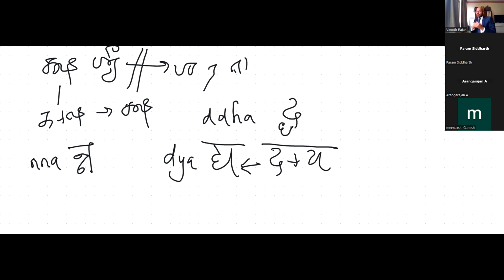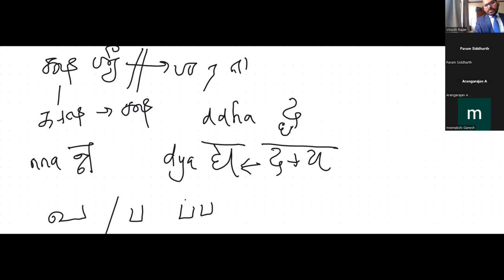And Grantha pretty much has the same concept. In very simple terms, if I want to write ppa, I just take the pa and write another pa below it.